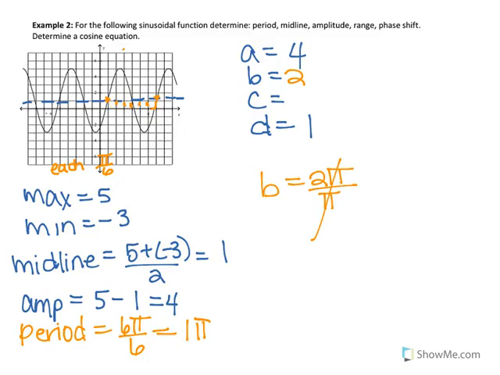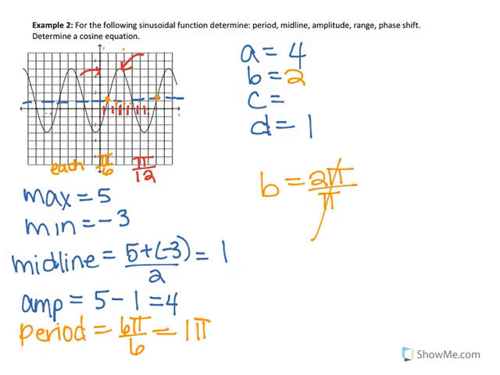Now this one does have a phase shift. It's supposed to start at the maximum for a cosine, but that didn't happen. The cosine function started here. So it looks like it's halfway between that point. So that would mean we could make half points for all of this. So if I made half points, it would be pi over 12. Half of pi over 6 is pi over 12.